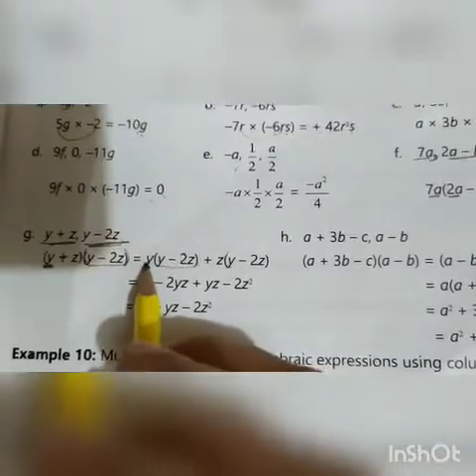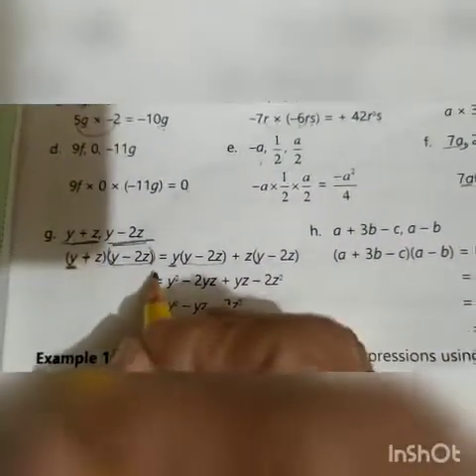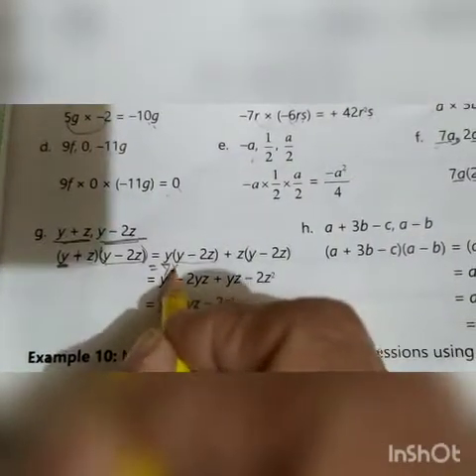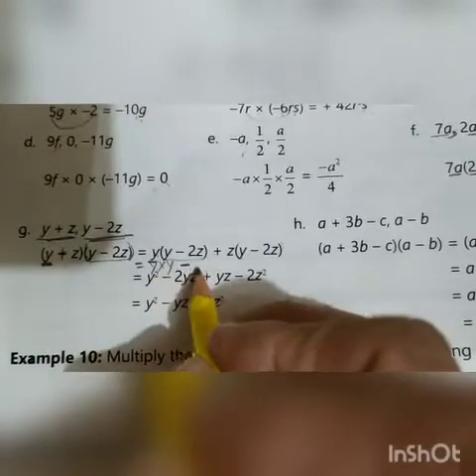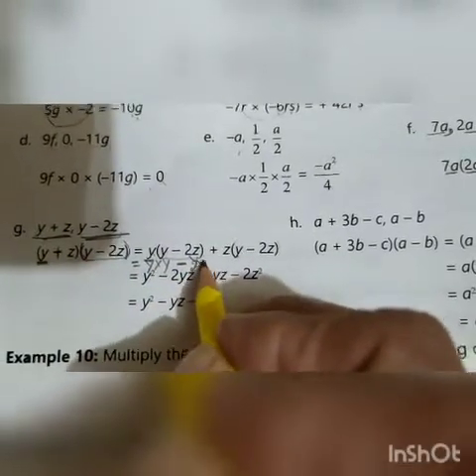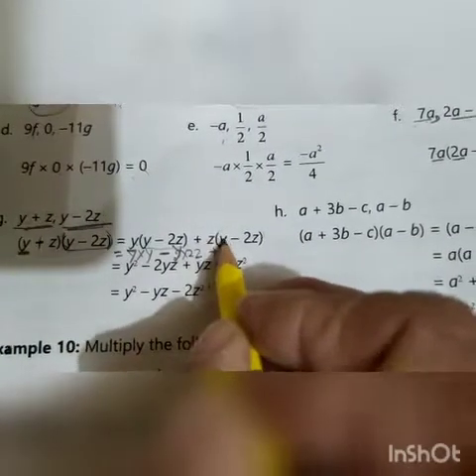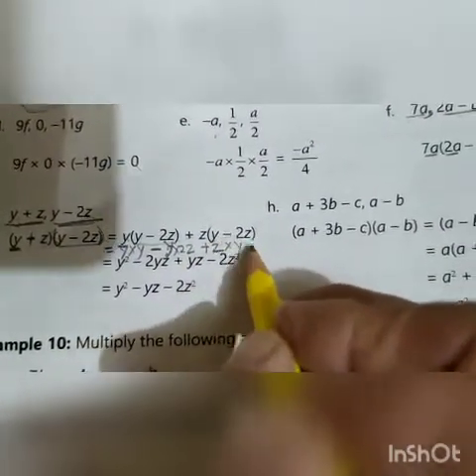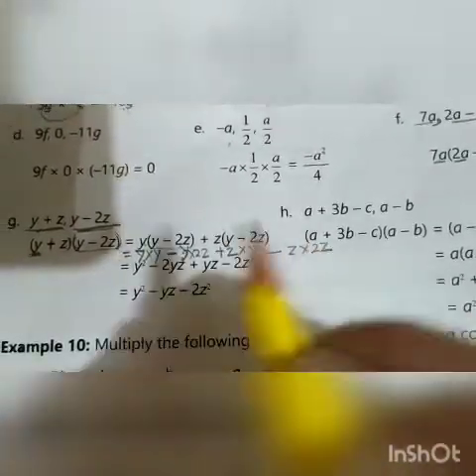Now multiply it. Y multiply this y, this is y square. You can add one more line. We can write y multiply y minus y multiply 2z. Then this plus z multiply by y minus z multiply 2z.